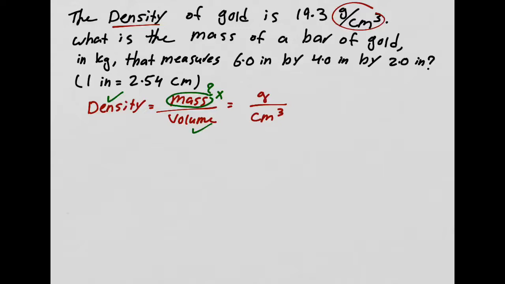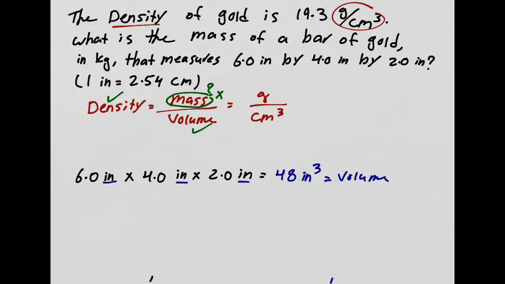Okay, let's go and do this together. So the dimension are 6.0 inches by 4.0 inches by 2.0 inches. Okay, if I do this, what I get is 48, what's the unit? Inches times inches times inches would be inches cubed. Beautiful. Here is my volume.